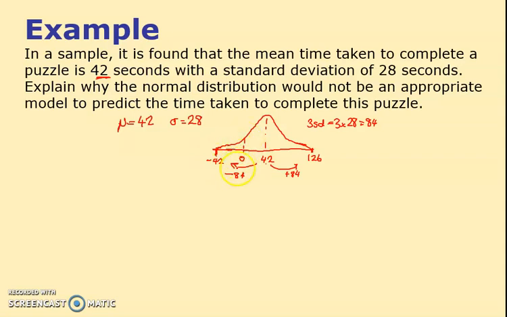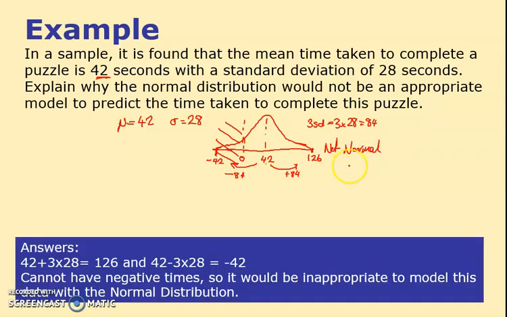So in real numbers, in proper life, real data, this lot effectively is impossible to do. And therefore it's not normal. For that reason, I would say. Let's see what the answer says. 126 minus 4. Yeah, negative times, so it's inappropriate to use this data with the normal distribution.